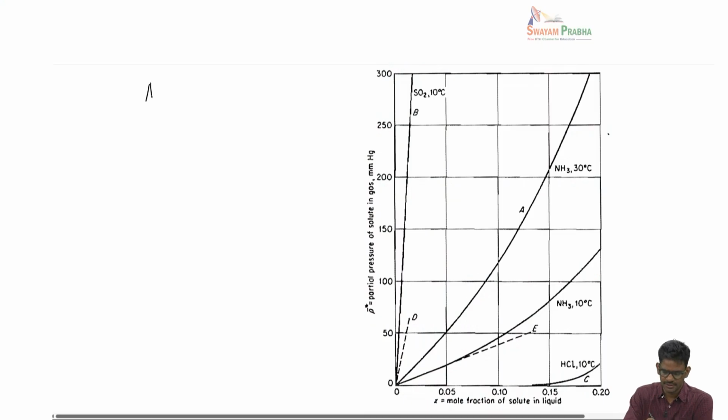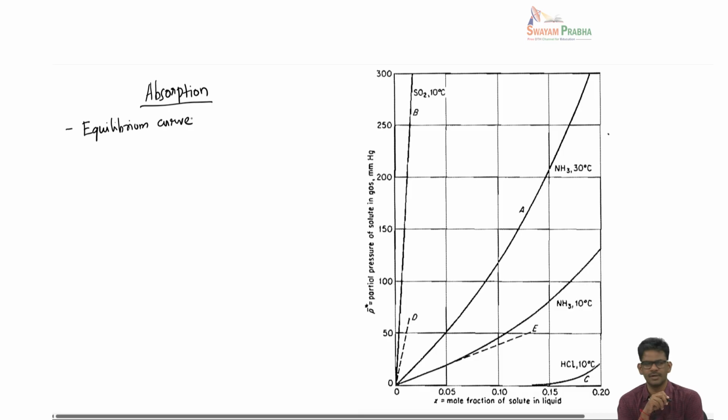Okay, so in this lecture, I'll be talking about certain aspects of absorption. So first, we'll talk about how do we obtain this equilibrium curve, which is very important to do mass transfer calculation for an absorber or stripper. Secondly, we will do material balance.